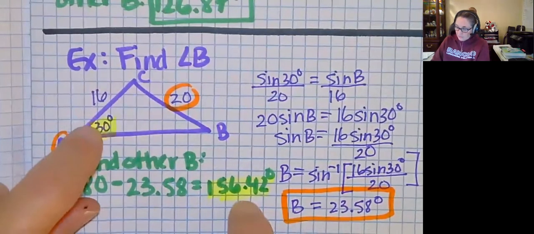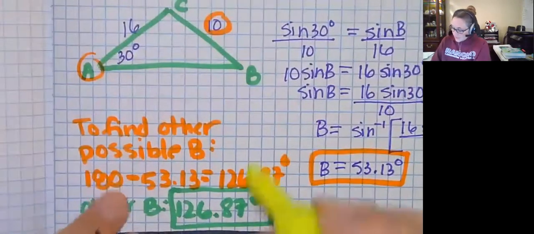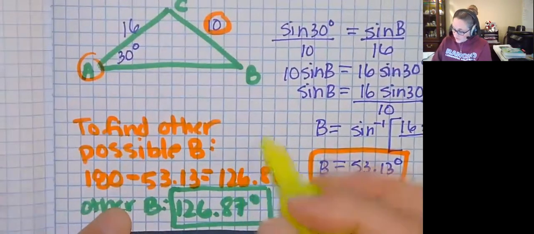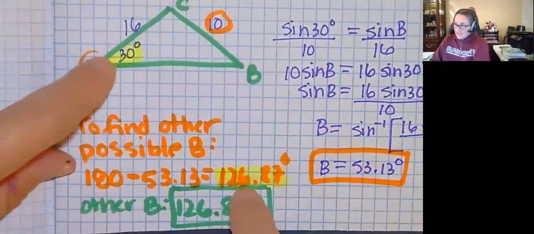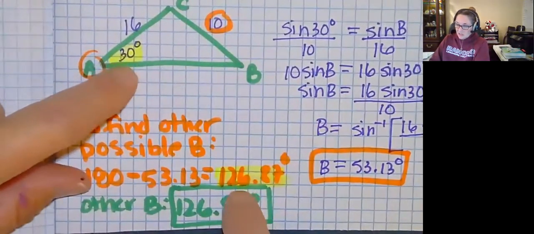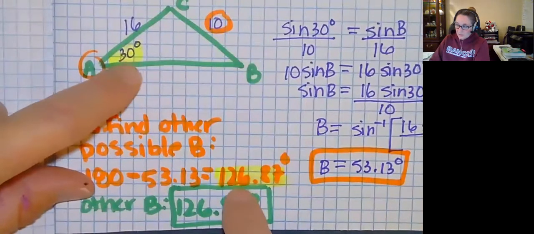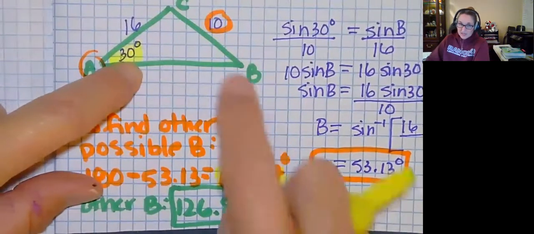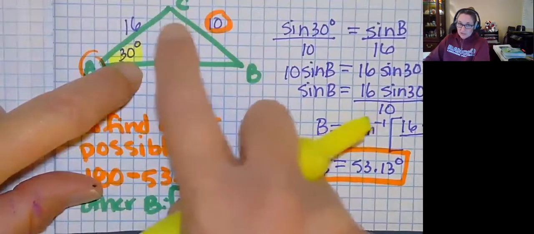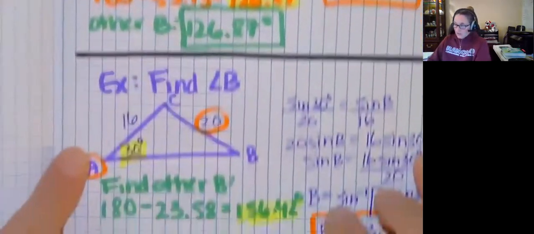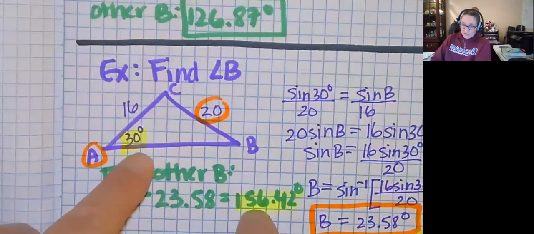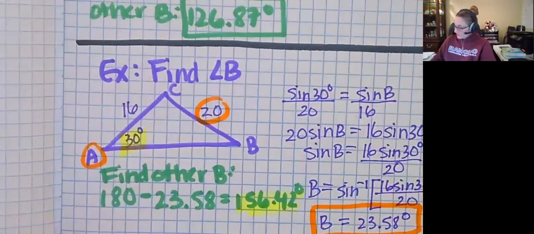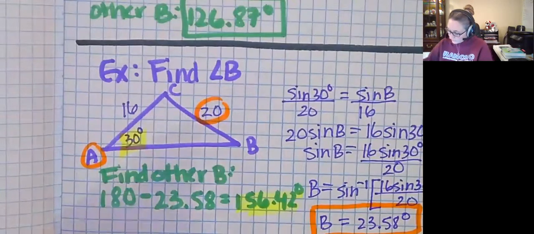That's the problem. Up here, when I got my 126 as a possibility, and my 30, and I added these together, it didn't make more than 180. It made 156.87. I still had enough that I could get an angle for C. Here, I cannot get an angle for C because I've already used more than the 180. So this is not going to be a triangle.